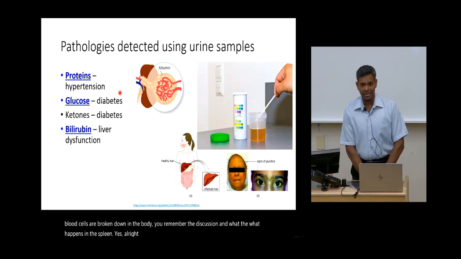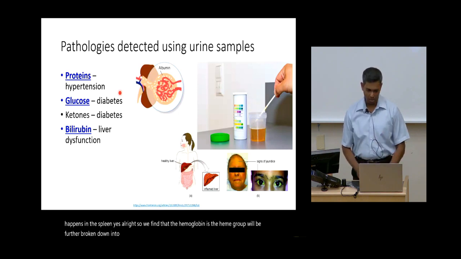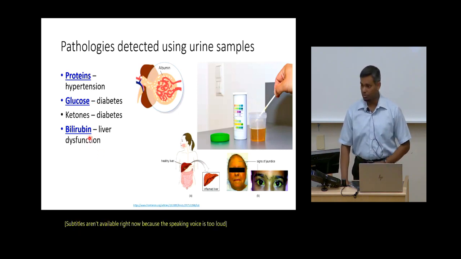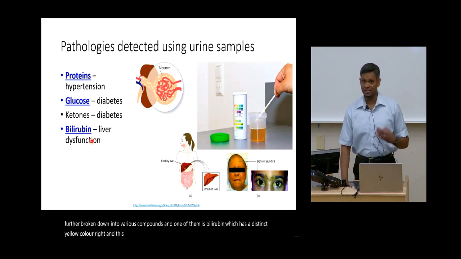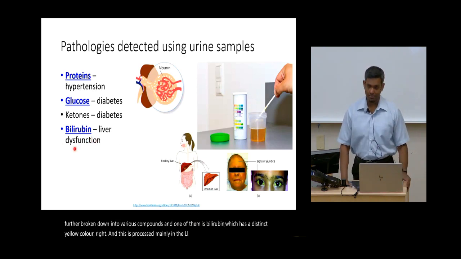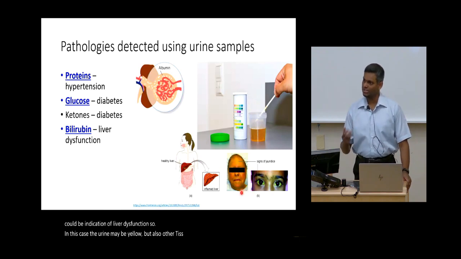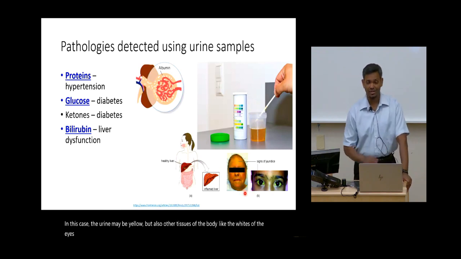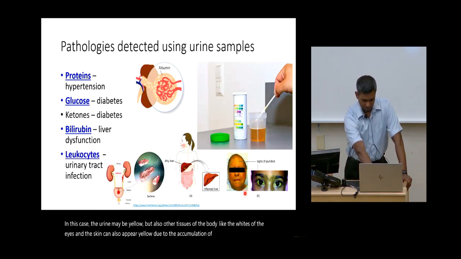So the heme group of the hemoglobin will be further broken down into various compounds, and one of them is bilirubin, which has a distinct yellow color, right? And this is processed mainly in the liver, and if this ends up in the urine, it could be an indication of liver dysfunction. So in this case, the urine may be yellow, but also other tissues of the body like the whites of the eyes and the skin can also appear yellow due to the accumulation of bilirubin.